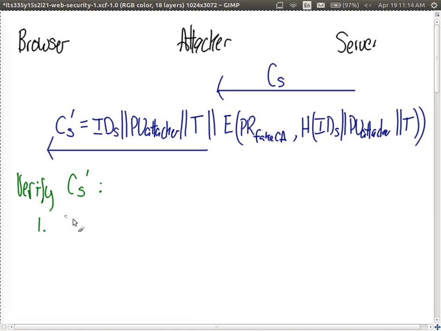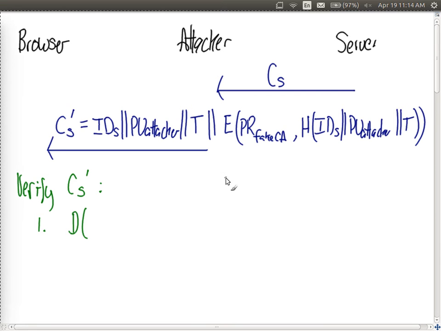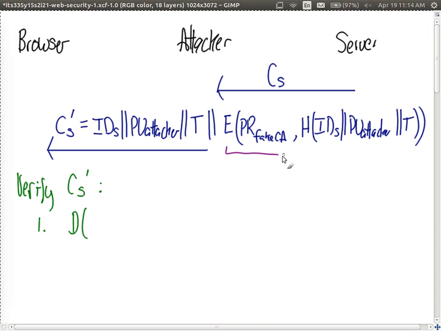They decrypt. They decrypt the signature using what, let's just keep track, this is the modified signature. That is, it's not the same as was in the original certificate.